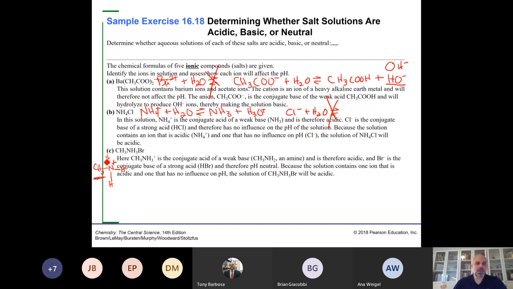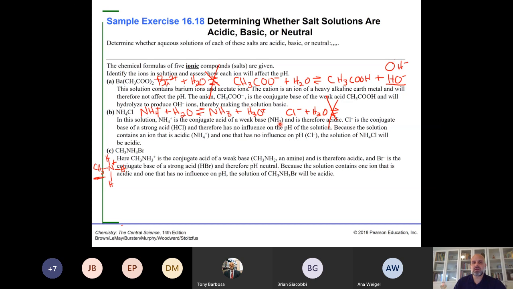So this is the conjugate acid of an organic base, methylamine. The CH3NH2 is an amine. The only difference between CH3NH2 and NH3 is, again, one of the hydrogens has been swapped for a CH3 group.